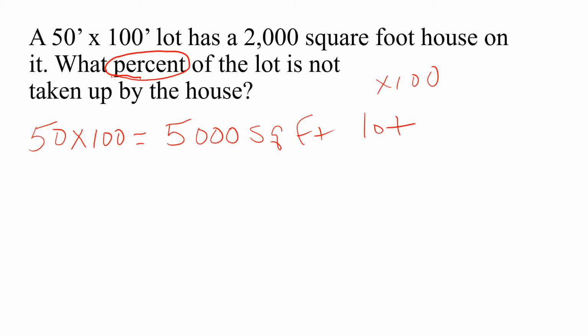So if I have a 2,000 square foot house on it, I subtract my house, and that leaves me with 3,000 square feet. What percentage of the lot is not taken up? Well, 3,000 square feet is not taken up. 3,000 of the 5,000.